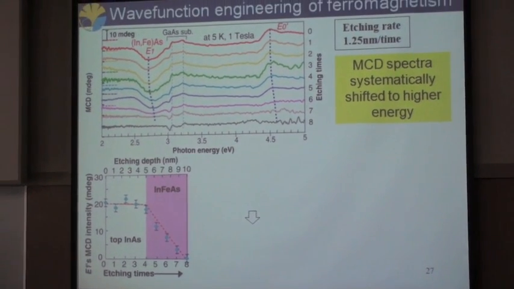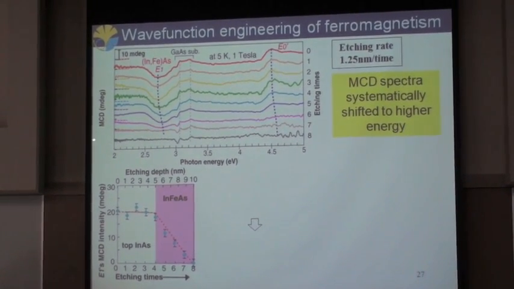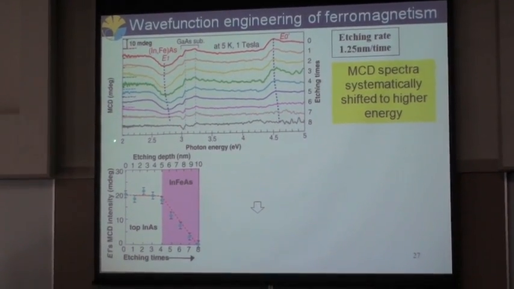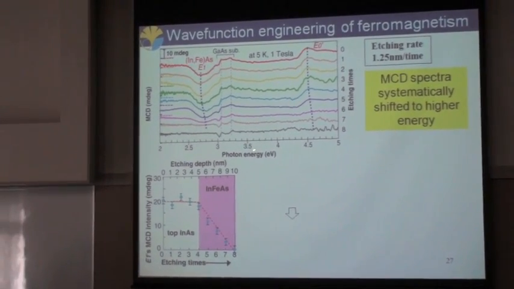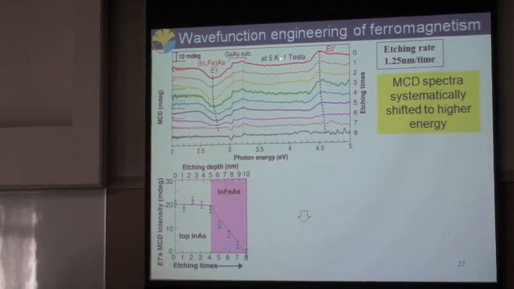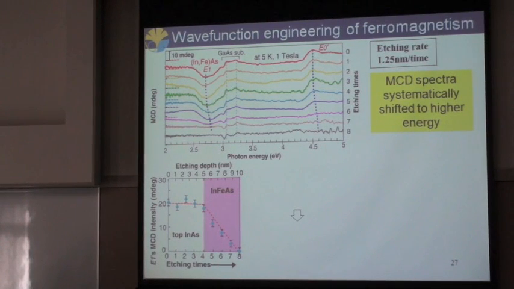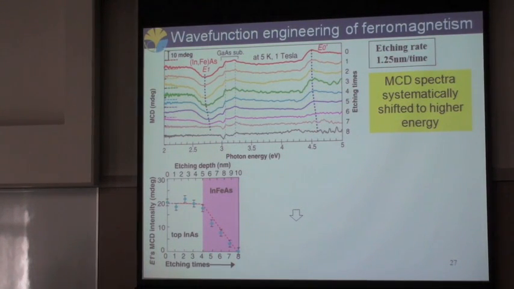This is the experimental data, and this is again MCD spectra as a function of photon energy measured at 5 Kelvin under the magnetic field of 1 Tesla. This number means the etching time. One etching time corresponds to the etching of 1.25 nanometer.